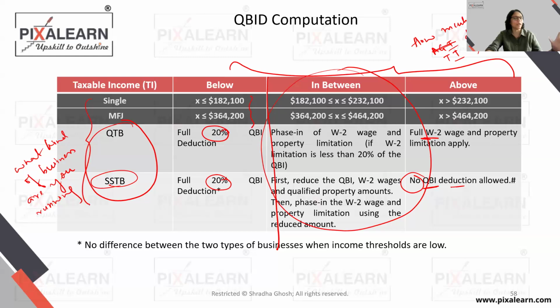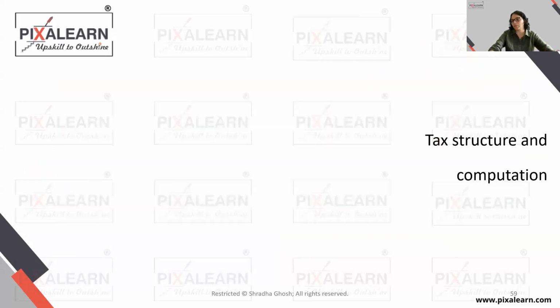Okay, remember what kind of business? In between, below, and above. Below, everybody gets 20%. Above, SSTB don't get any deduction, and QTB reduces their deduction on account of W2. And in between, there is a phase out. I don't want you to remember the provisions. Okay? So there is a separate form for this. You fill up that form and you can take a 20% QBI deduction.